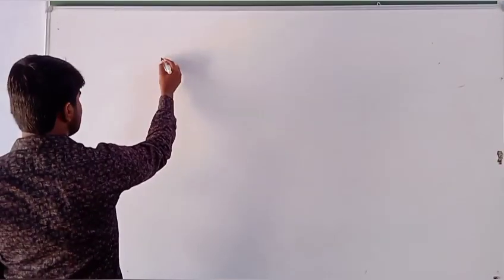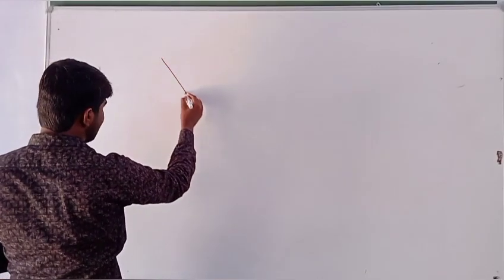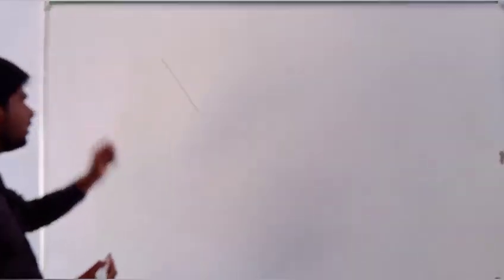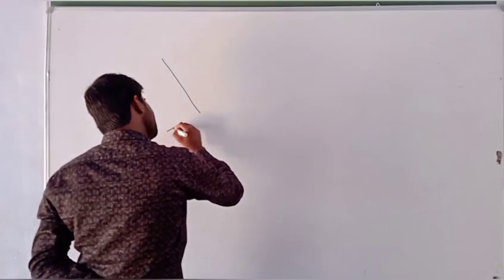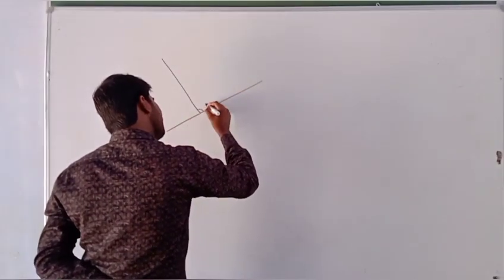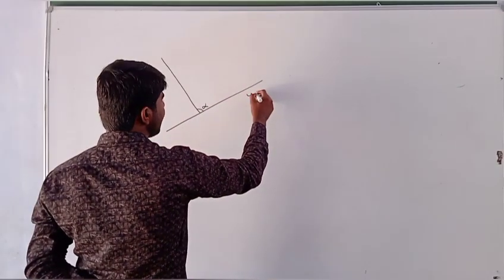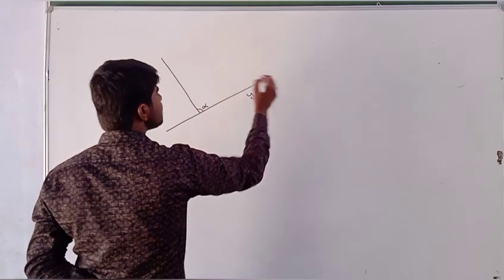So now we will discuss the equation of a line making an angle alpha with any given line, that is y equals mx plus c.